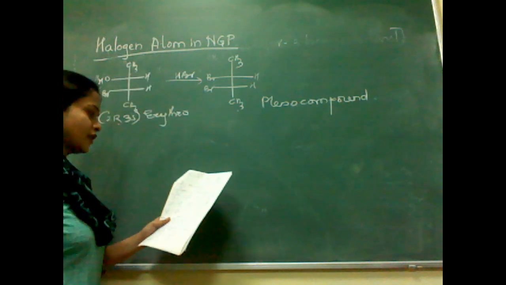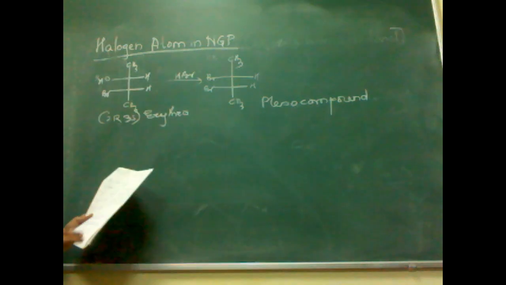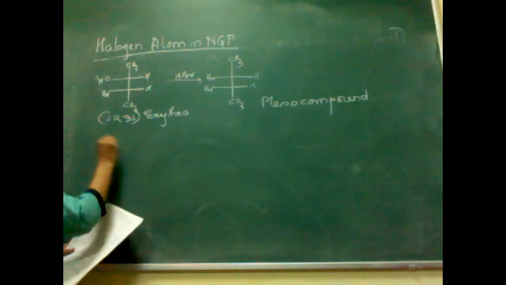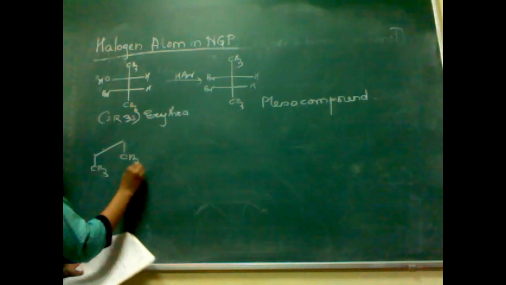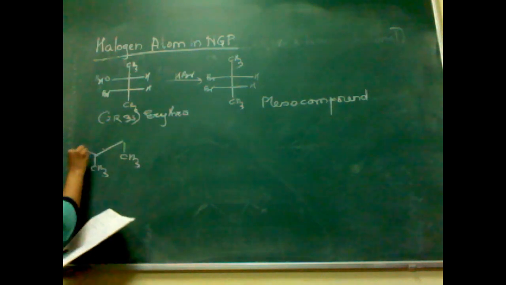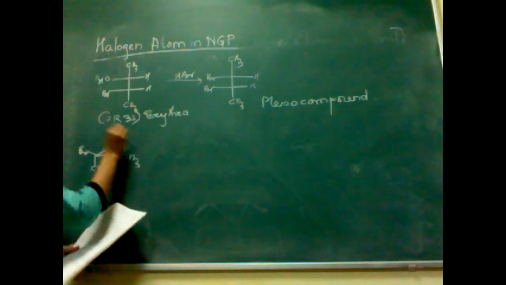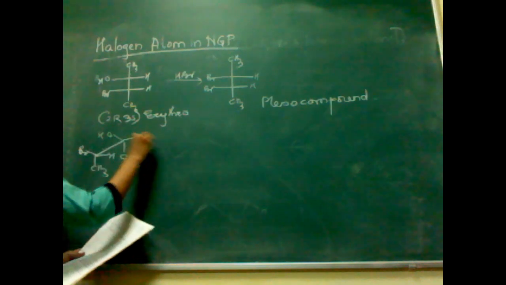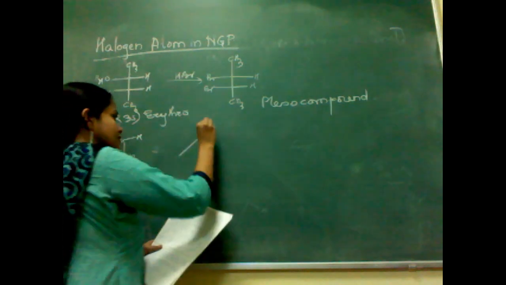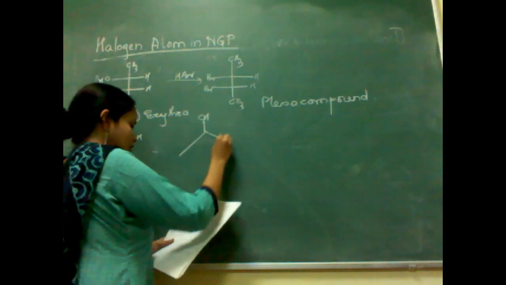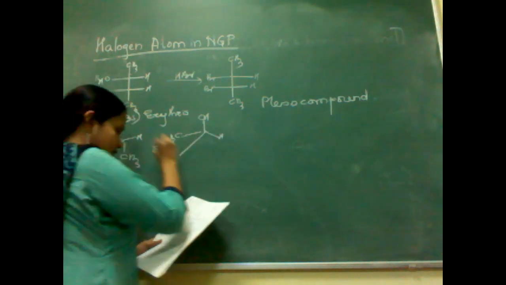So again, you try to redraw the structure. I try to draw it in such a way that the leaving group and the group which offers anchimeric assistance are anti with respect to each other.